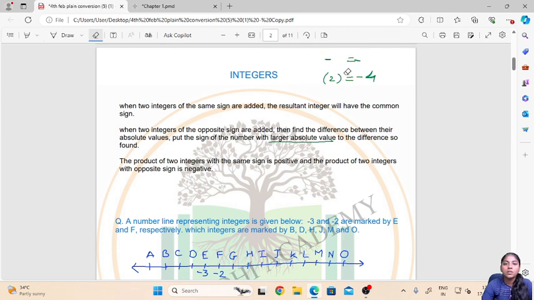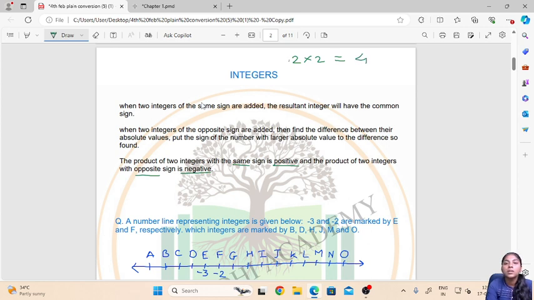Then the next one is, the product of two integers with the same sign is positive, and the product of two integers with different signs is negative. Now here we see 2 into 2, it will be 4.